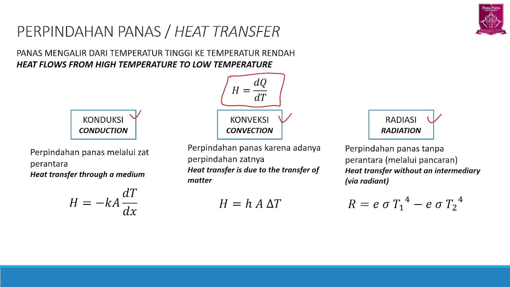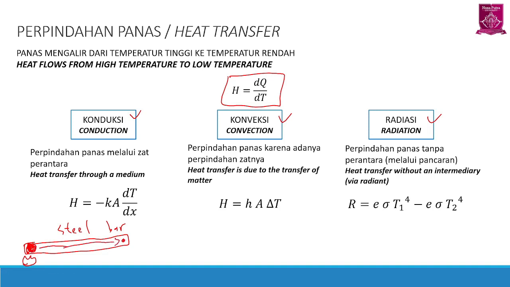For conduction, the heat transfer is through a medium, like a solid. So if I have a steel bar here and I heat this point, the heat will be transferred from this point to the other side of the object.